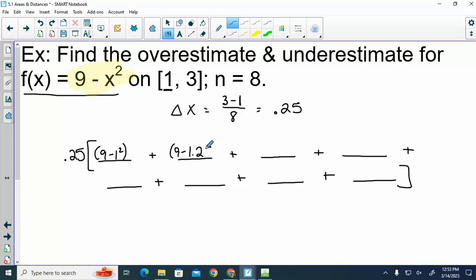And then what would the next value I plug in be? 1.25. Right. And the next value? 1.5. You're just adding 0.25. So if I add 0.25, we get 1.75. Minus 2 squared.